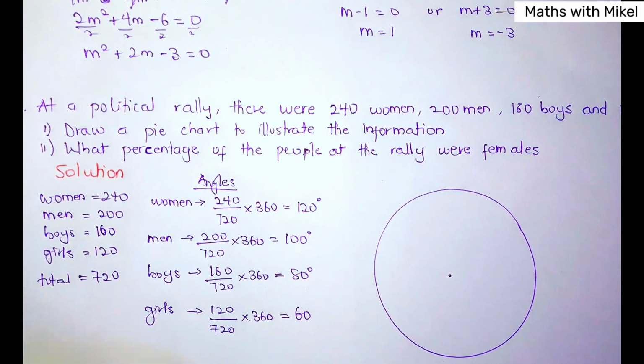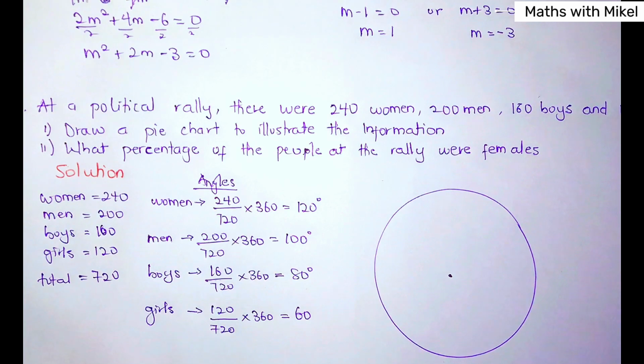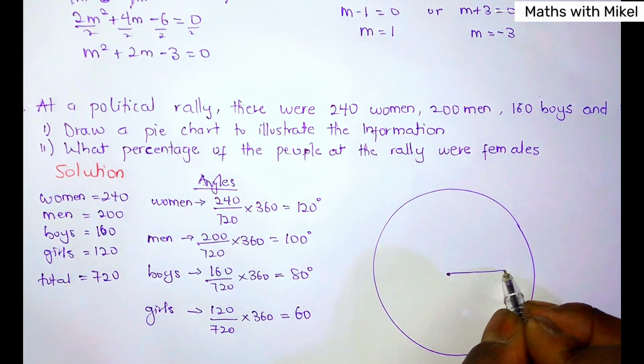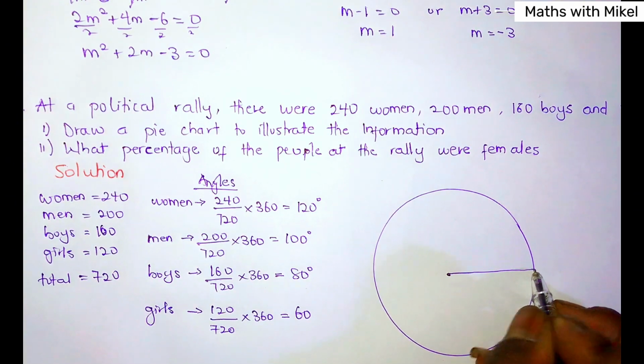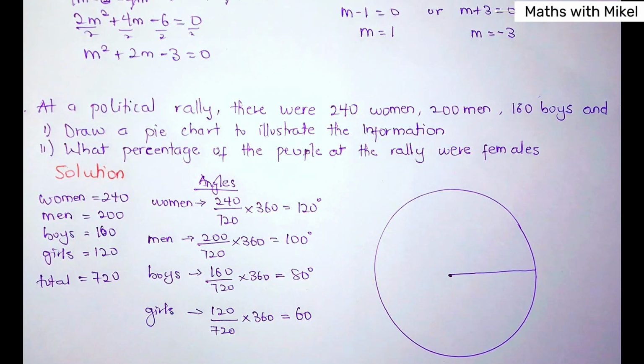So I first draw from the center to any point on the circumference. I'm not using a ruler, so you draw it using the appropriate instruments. So I first do this, and I'm going to use the protractor. So you put the protractor on it, and I measure the first angle.